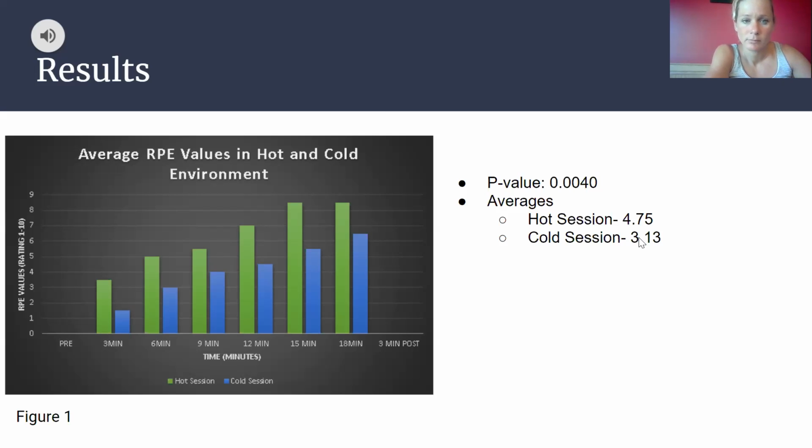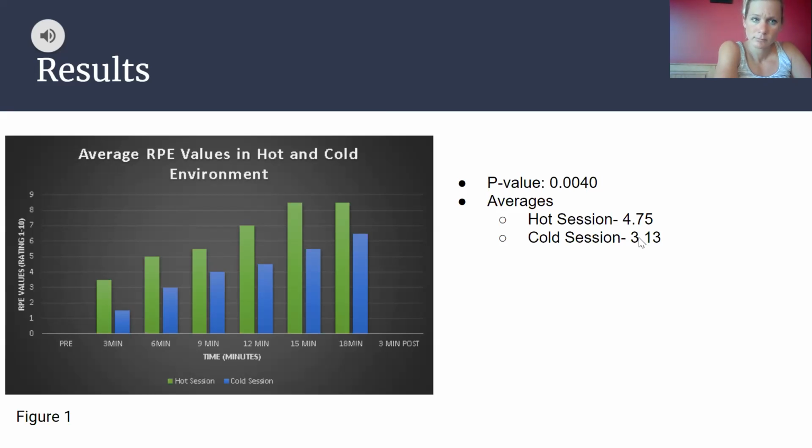The average hot session was 4.75 with the average cold session of 3.13. According to our p-value, which is less than 0.05 and is 0.004, we accept our hypothesis that the subjects would choose a higher RPE rating in a hot environment over a cold environment.